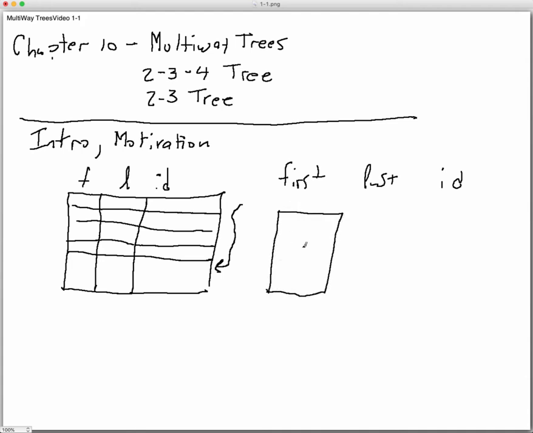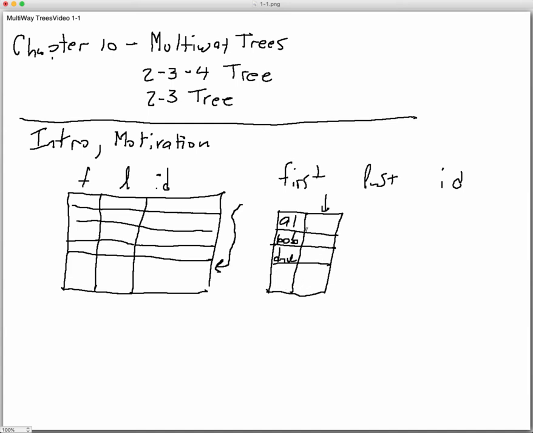So in other words, this might be Al, and this might be Bob, and this might be Dave. And again, this corresponded to a particular record number. Record number being the index into this array over here of where we'd find this particular person, the person whose first name was Al.